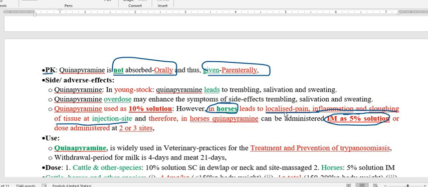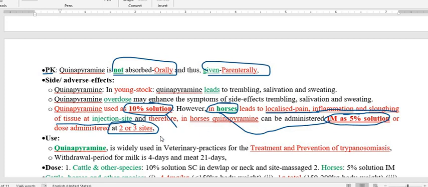5% solution. So we use a 5% solution of quinapyramine in the horse, or, to avoid the problem of localized pain, inflammation and sloughing of the tissue, we give it at two or more sites so that the pain, inflammation and sloughing are lessened. For species other than the horse, we use a 10% solution.